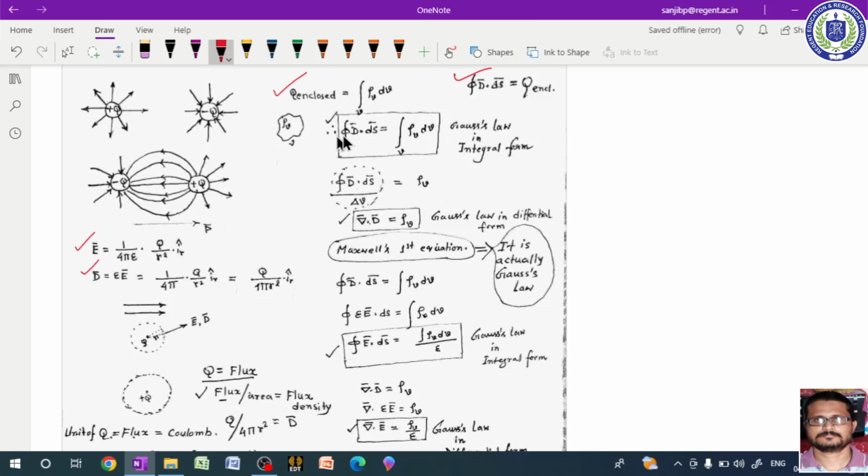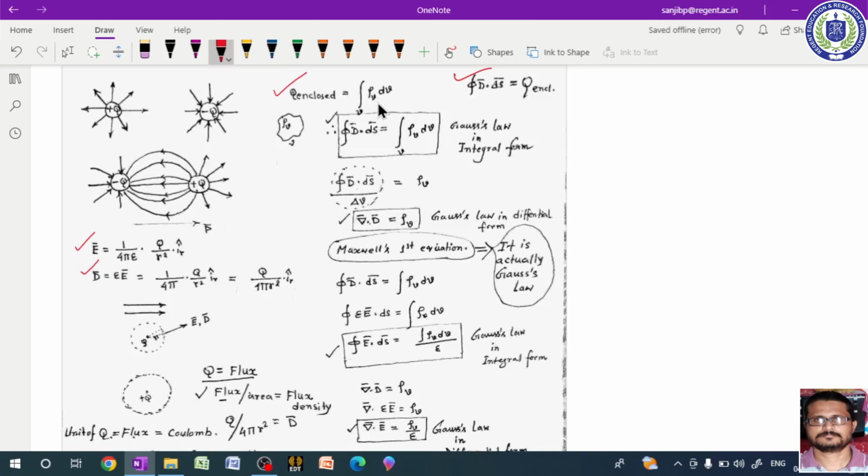That means if we consider the total charge is Q, then the flux which will come out from that body is also Q. This is the actual concept of Gauss's law. Next line, write these expressions, and mention that rho v is the volume charge density.